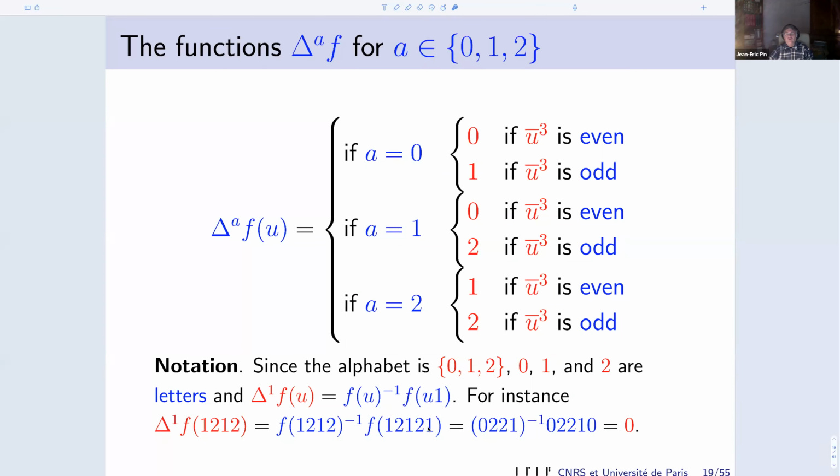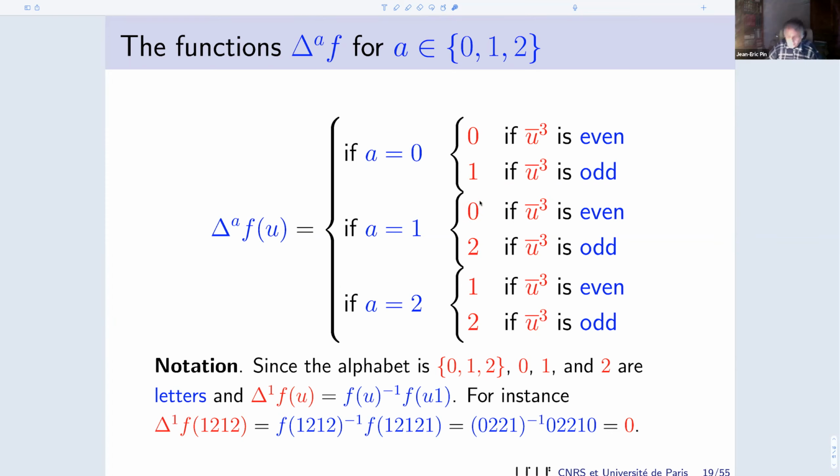I just added 1. And if you remember the computation we just did, it is this quantity minus 1, an element of the free loop, multiplied by this. So you can cancel this, and you get 0.